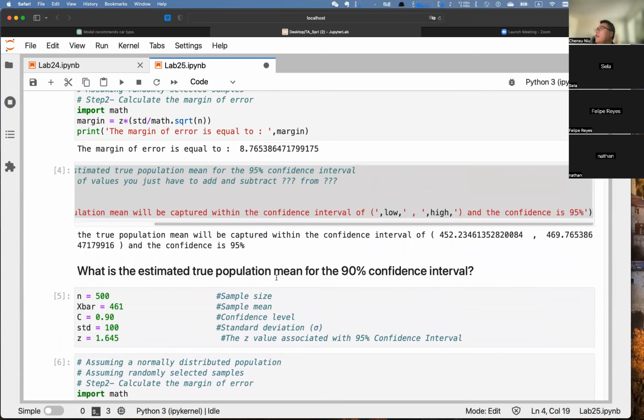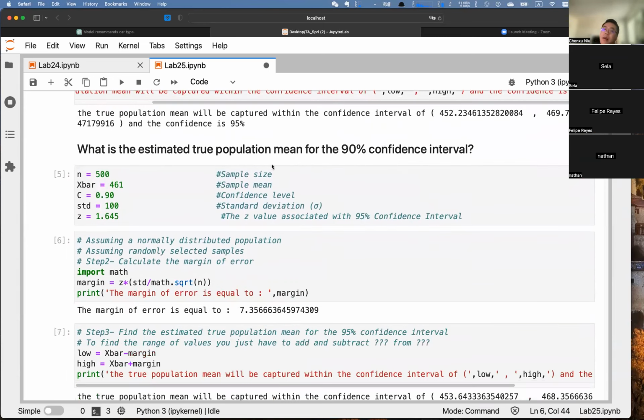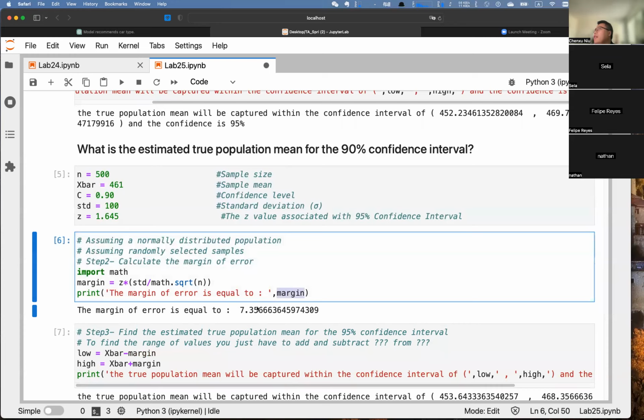As you see here, this margin is smaller. The margin is 8.7 for the 95% confidence level interval, and for the second one, the margin would be 7.3 because Z is smaller. The standard deviation and the square root of n are the same, but the Z value is smaller, so the margin would be smaller.